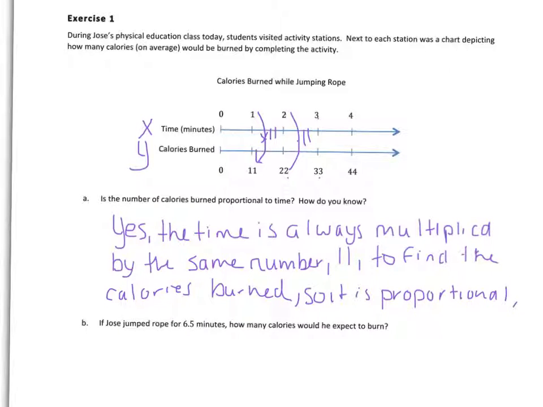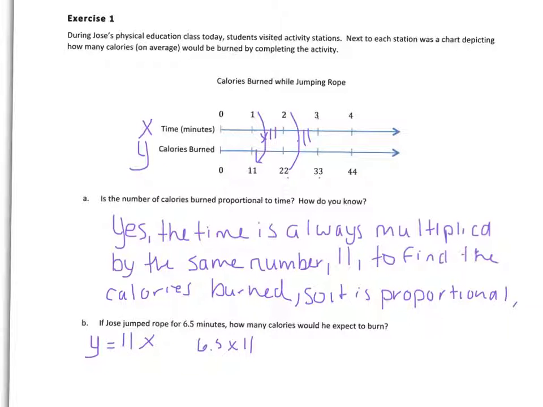So now let's take the information that we just learned and apply it to a new situation. Say Jose jumped for 6.5 minutes. How many calories would he be expected to burn? Well, we know that to get your y, the calories, you have to take that x and multiply it by 11. So 6.5 times 11.